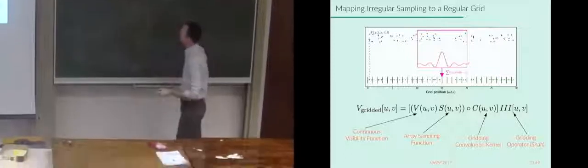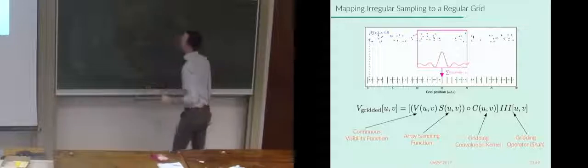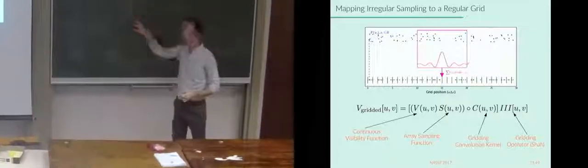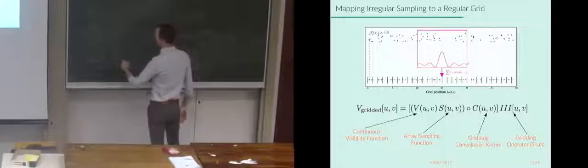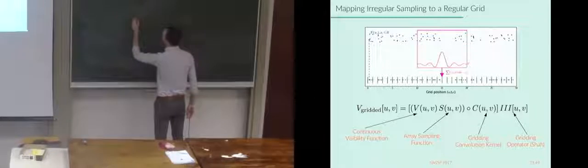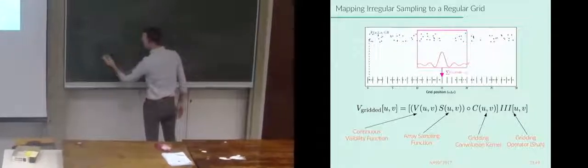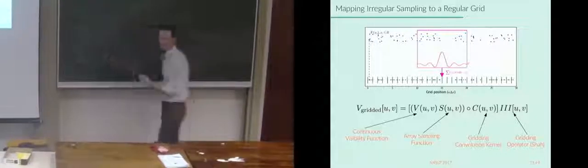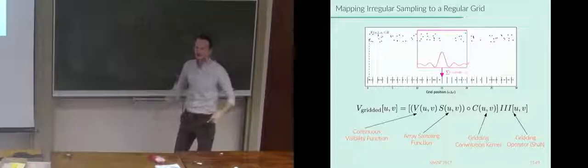Say in the perfect world you have a point source here, and a point source here, if that's our simple image. But if we apply this gridding kernel, which has these side lobes, there'll be a little power showing up in each one of these, because some of the power from the source that's here will show up in the nearby side lobes. And so you always have a little bit of power spreading out.